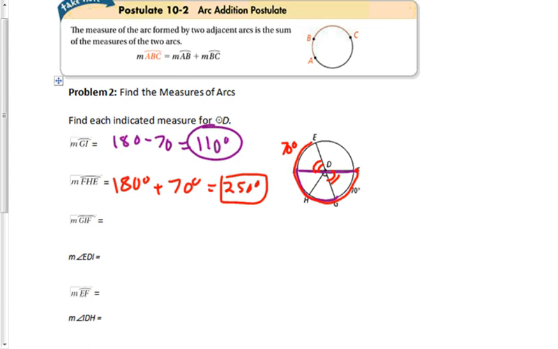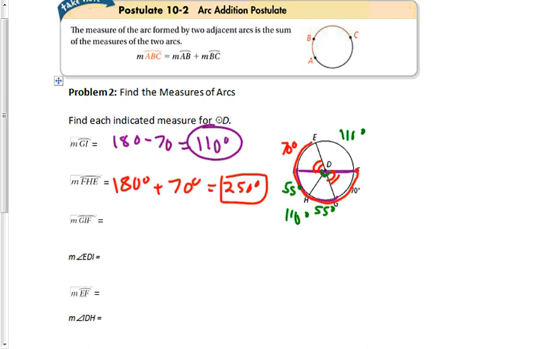That helps us out with some other stuff too, because if that's 70, then we know that this arc right here is 110. And these are also labeled that these are congruent, so this would be 110, or each of these halves would be 55. And we can use all of that information for the rest of it.